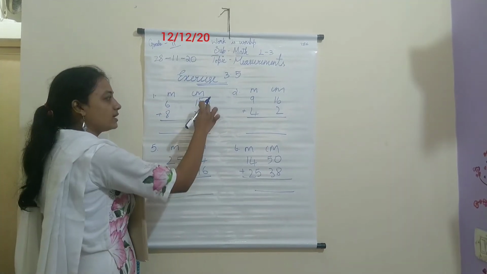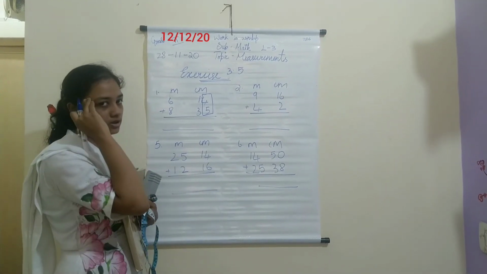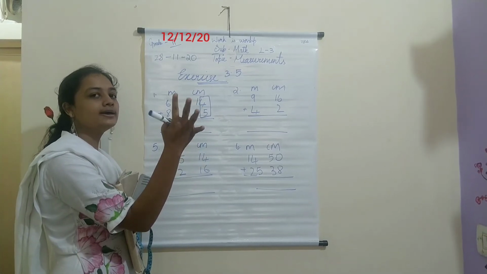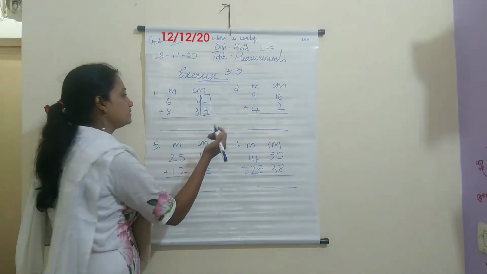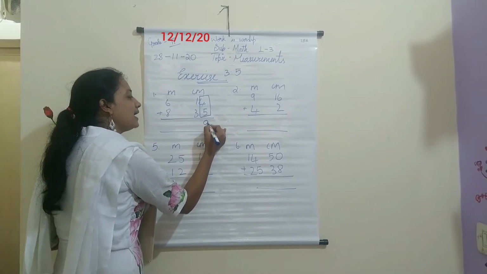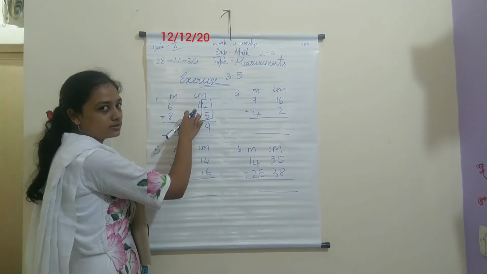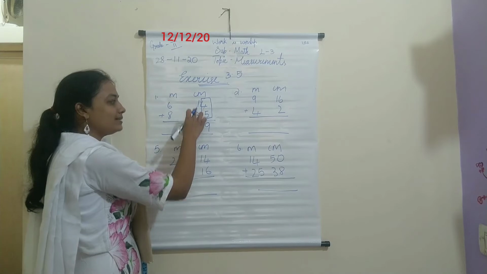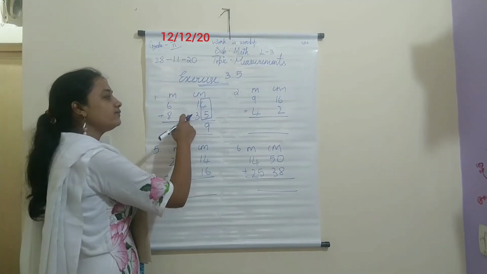First I start adding from my right side. So the numbers are 4 and 5. What is 4 plus 5? 4 in your mind, 5 on your fingers. After 4, 5, 6, 7, 8, 9. So the answer is 9. Similarly, go for the next numbers now. I have 1 and 3. What is 1 plus 3? It is the successor of 3.